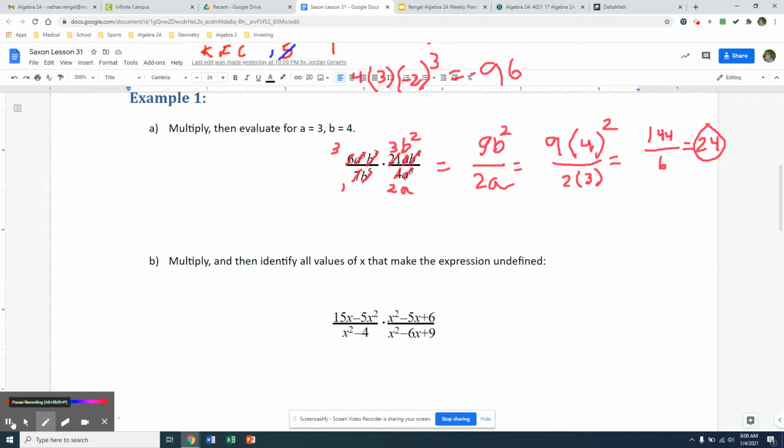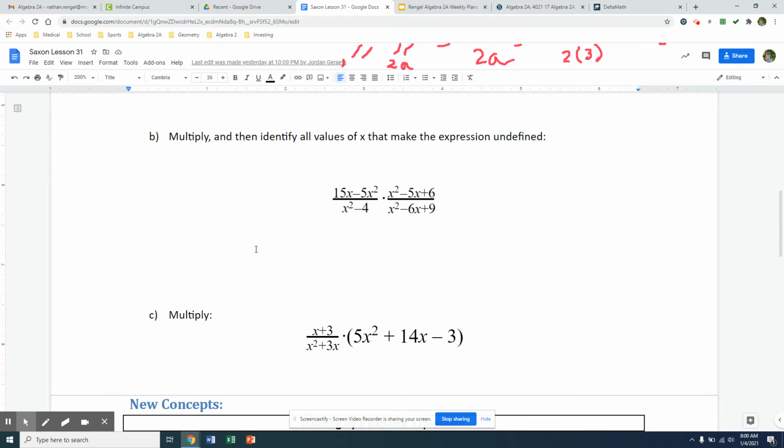So we start by simplifying our rational expression as much as possible to get that 9b squared over 2a, and then we're ready to start plugging in our values. If we start to plug in our values before simplifying, we're going to get some huge numbers. So b to the third, b to the fourth. You get some really big numbers that are hard to work with.